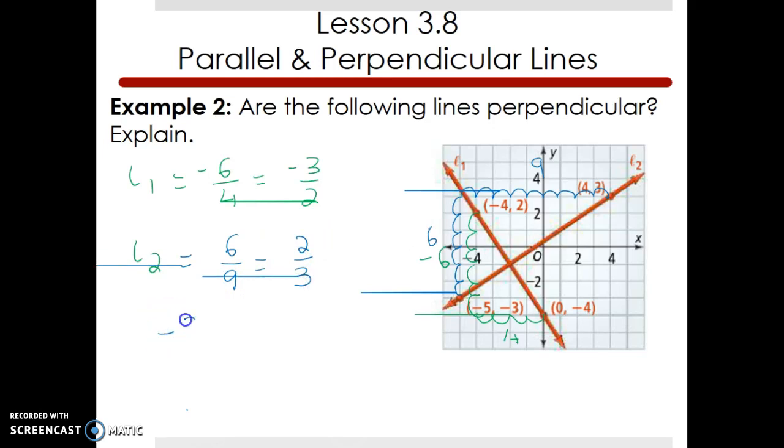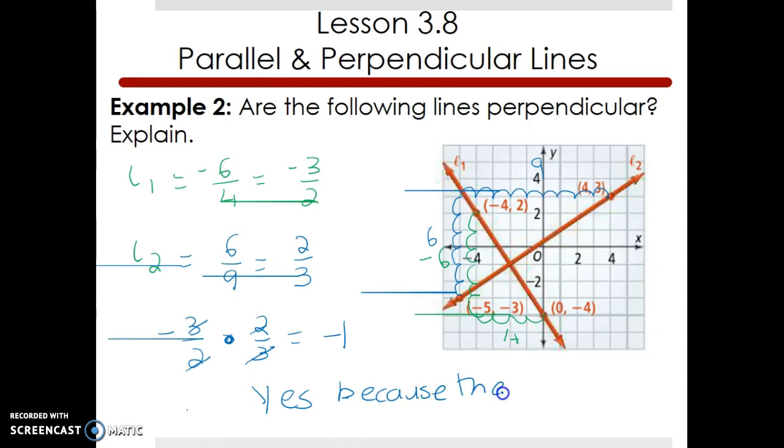So is negative 3 over 2 and 2 over 3, when you multiply them, do you get negative 1? Well, yeah, if these cross out, it's negative 1. So these are perpendicular, because they are negative reciprocals.